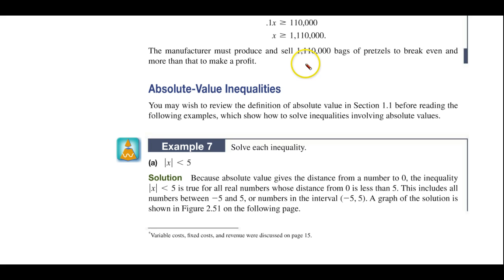So if your example is absolute value of x is less than 5, remember this could have been a negative value in here as well. So as we did before, we will write it without the absolute signs. X is less than 5. And then we're going to write and.